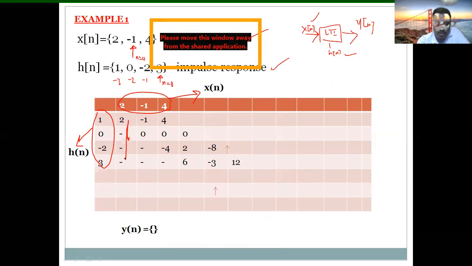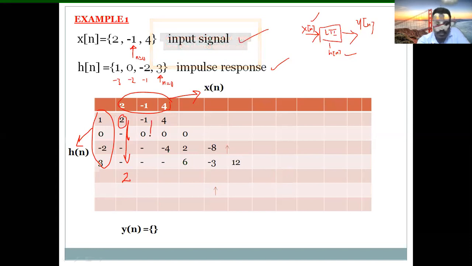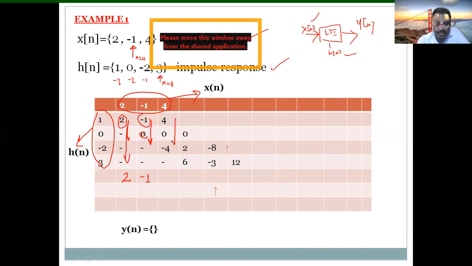In this column we have only 2, so we write it here, the result, summation. How about in this row? We have 2 samples, -1 and 0. When you add -1 and 0, it will be -1. Next, in this column, I have 4 here, 0 here, -4 here.